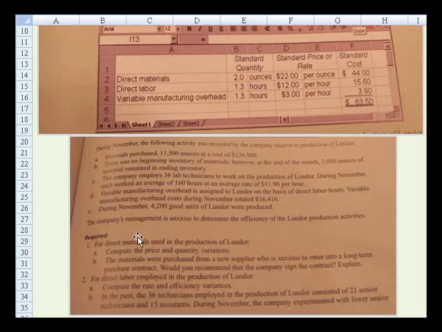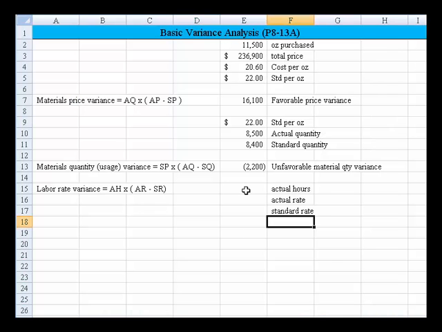Okay, now the actual hours are the 36 lab technicians times 160 hours. So 36 times 160, was that correct? I think that's correct.